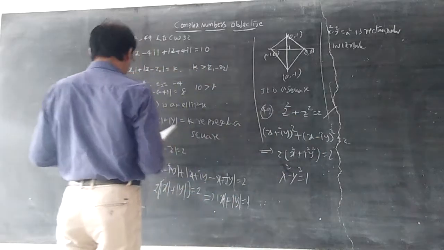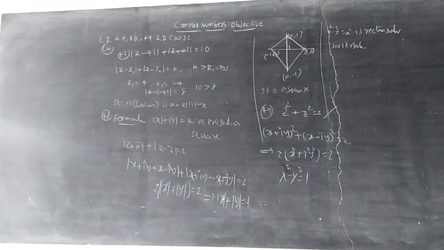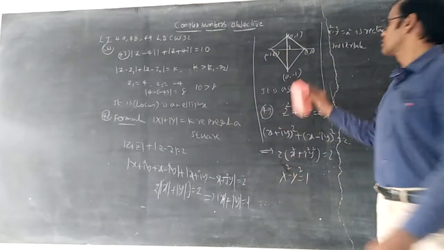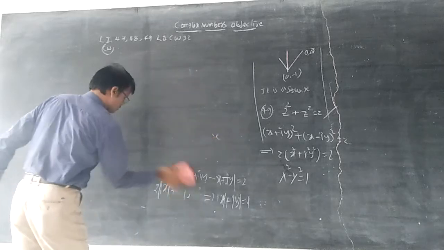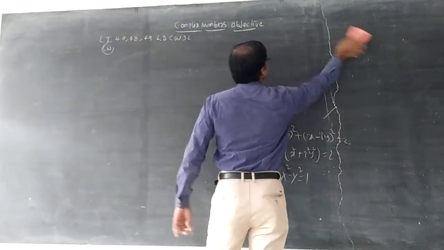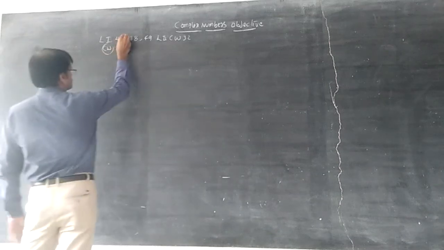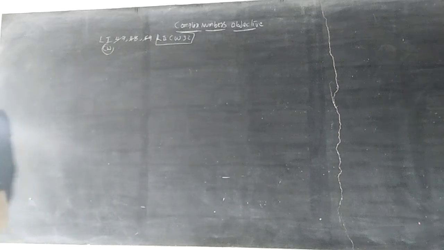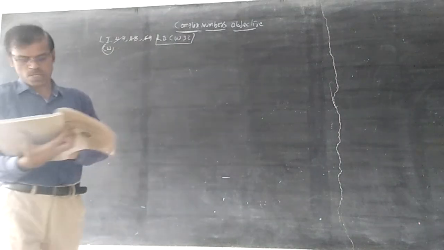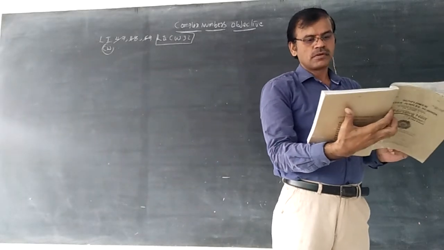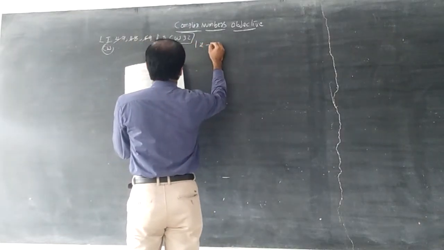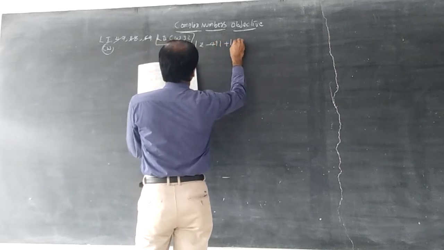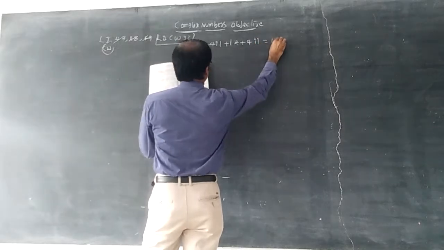Now, Level 2 classwork question 32. Modulus of z minus 4i plus modulus of z plus 4i is equal to 10.